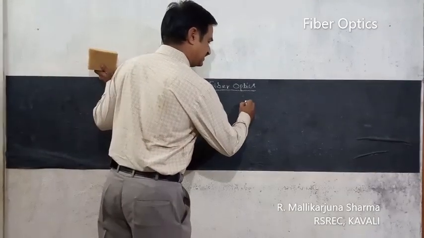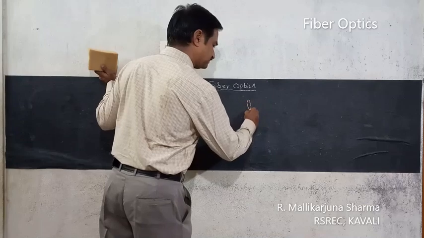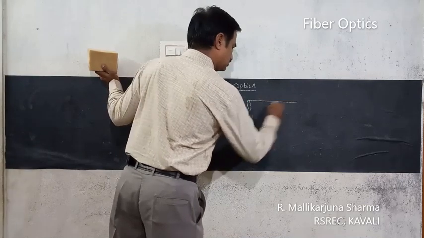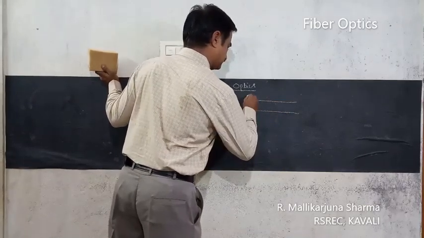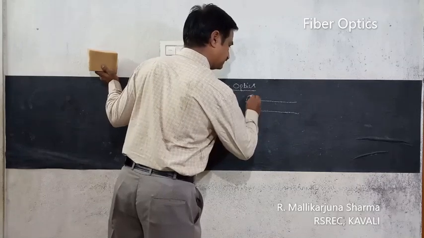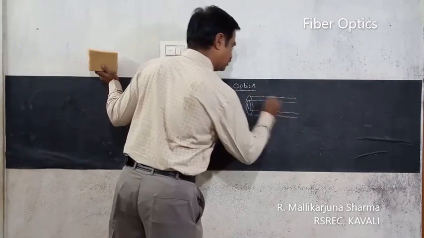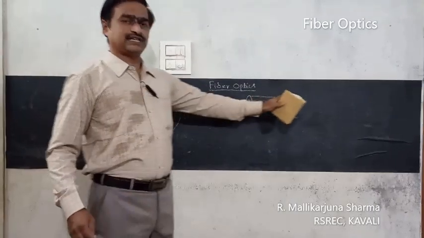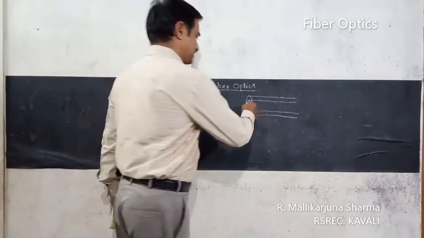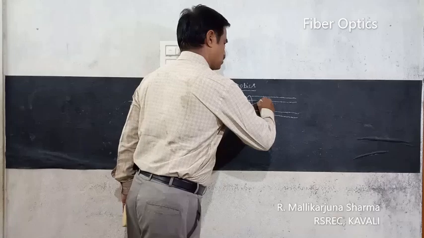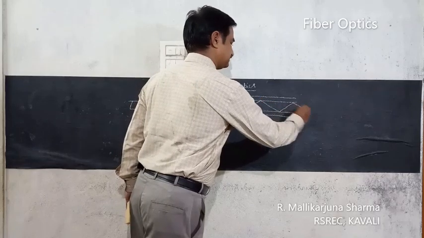Suppose we take that in the form of a hollow cylinder like this, and we allow light to pass through this type of structure. Then what happens here? No doubt it is going to have reflections like this.